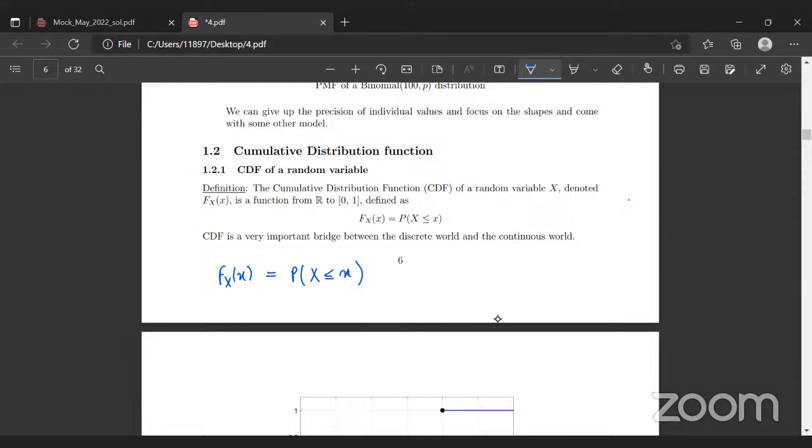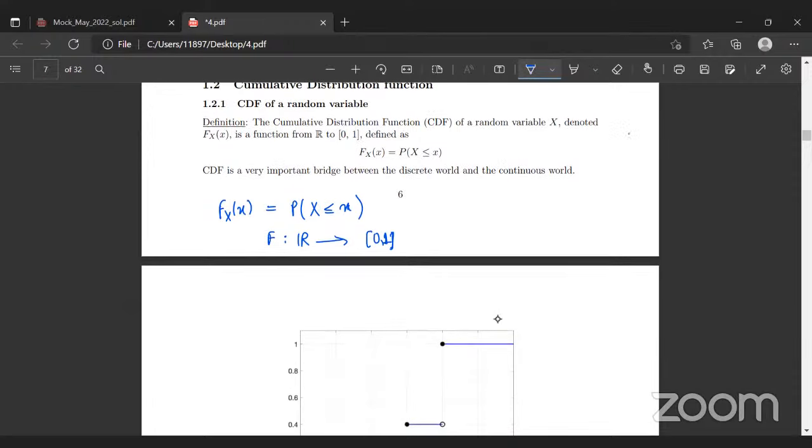Basically the CDF is a function from the real line to [0, 1].